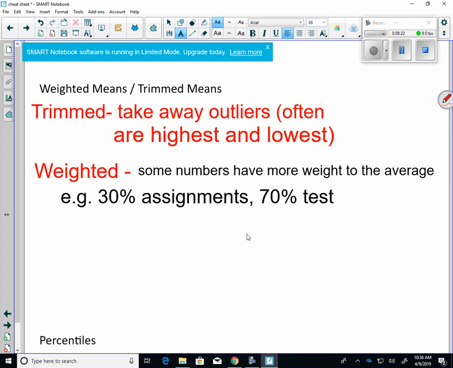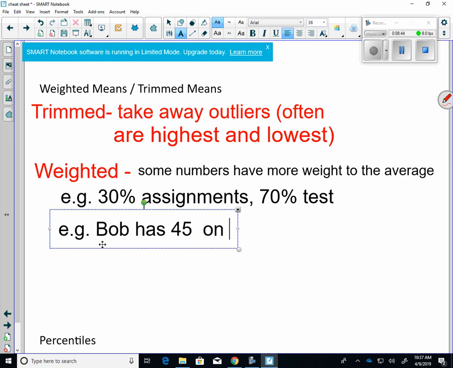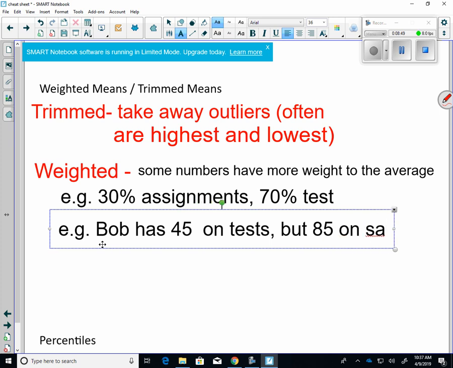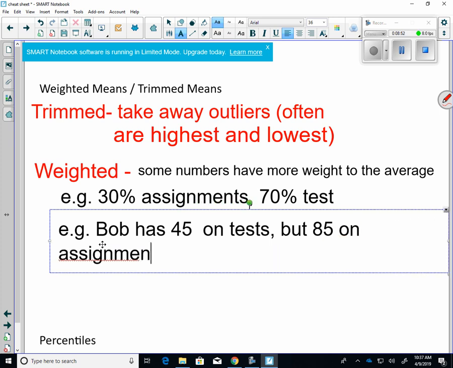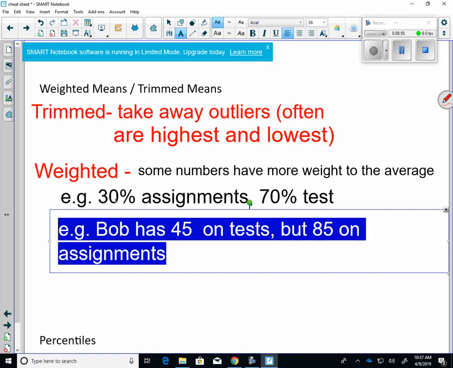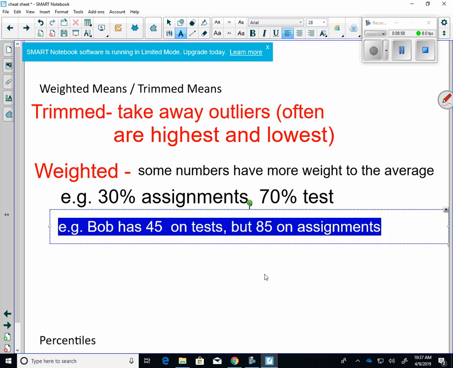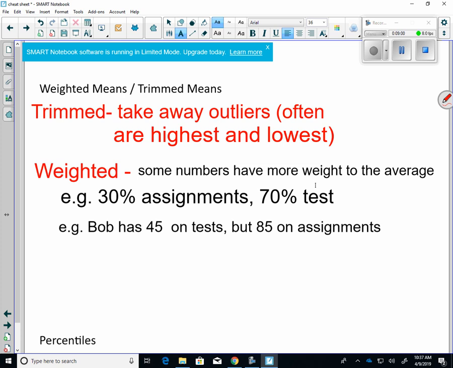So how do we do those weighted ones? It's kind of hard to describe without an example. Should I just put an example here? Yeah, that's probably better. It's kind of hard to say in words, generically. Okay, so let's put an example here. Bob has 45 on tests, but 85 on assignments. How would we do that?